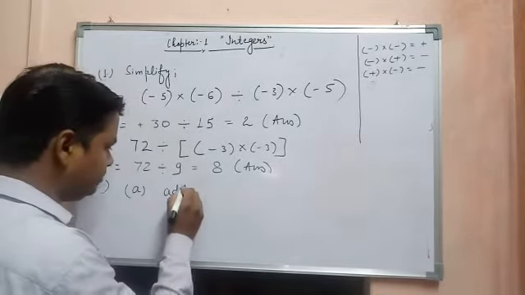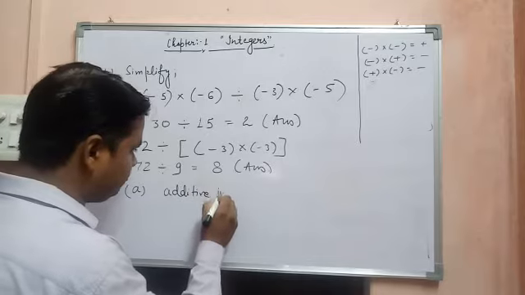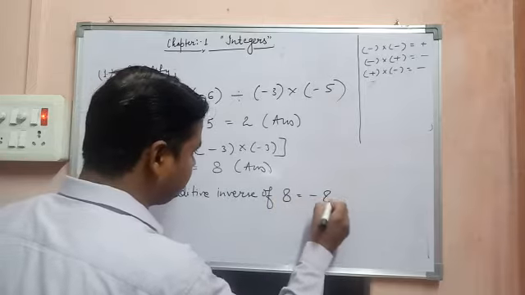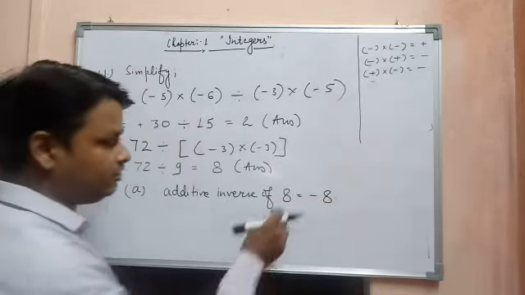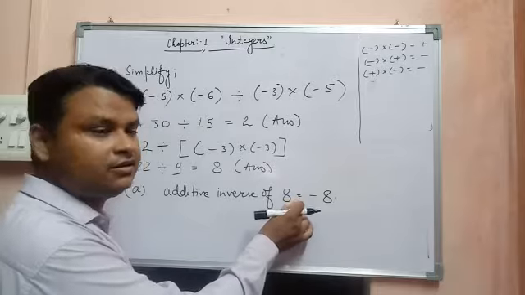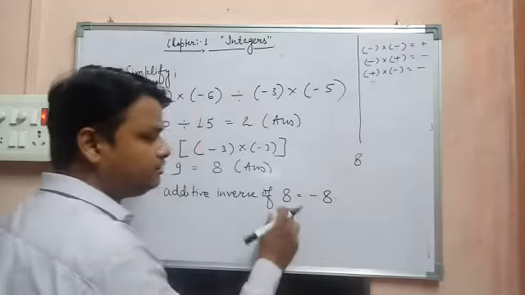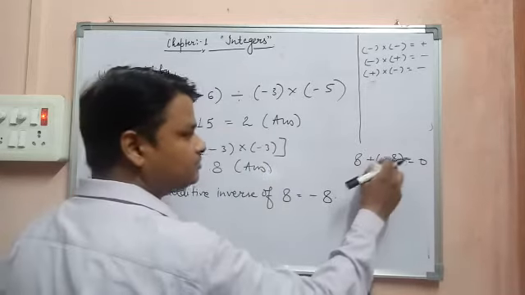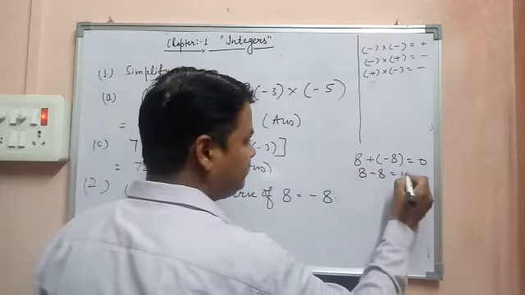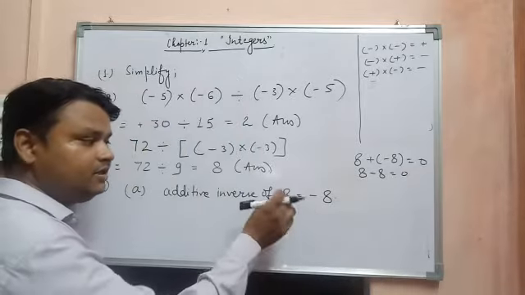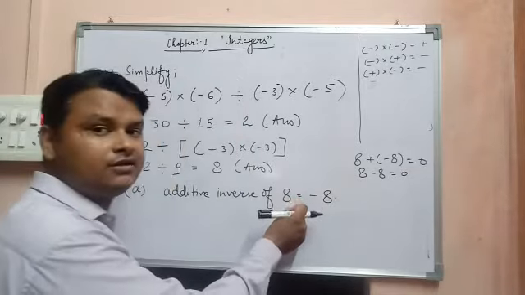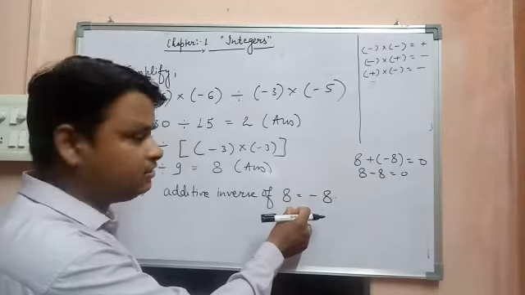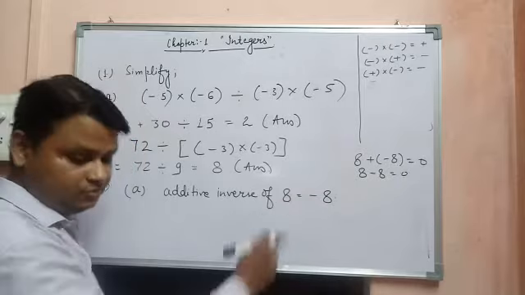Additive inverse of 8 is -8. Why? Because if we add 8 and -8, then you will get 0, because 8 minus 8 is 0. Additive inverse means the number you have to add to 8 to get 0 as the answer.